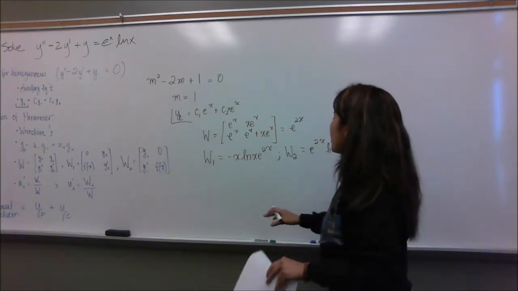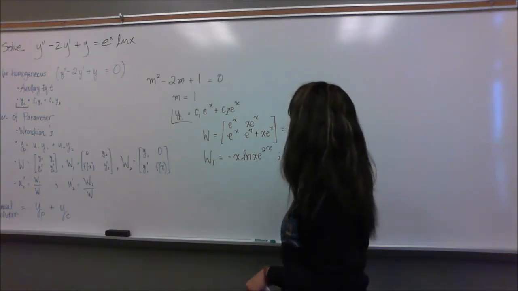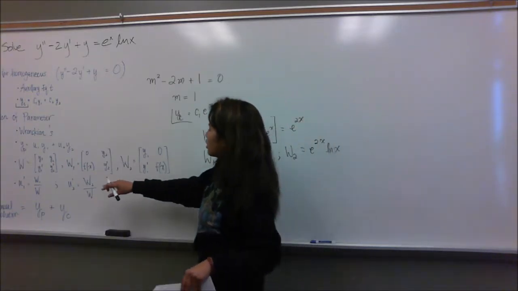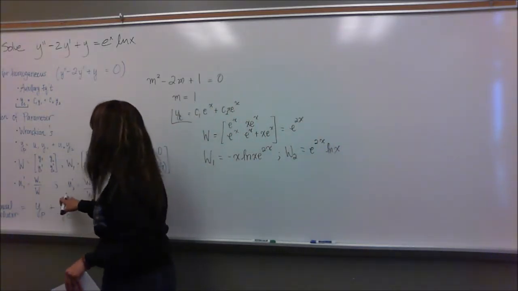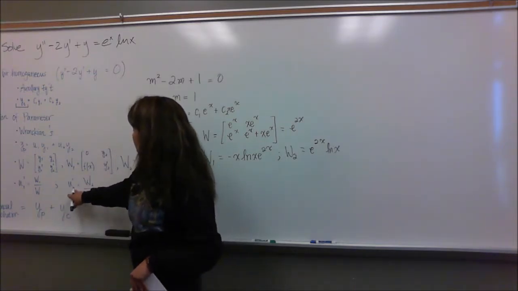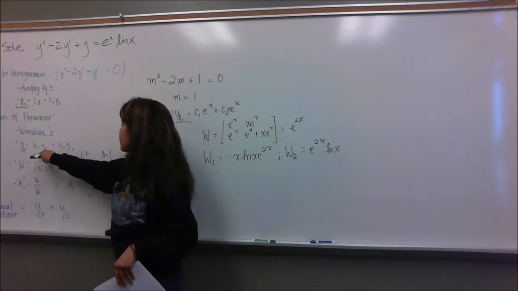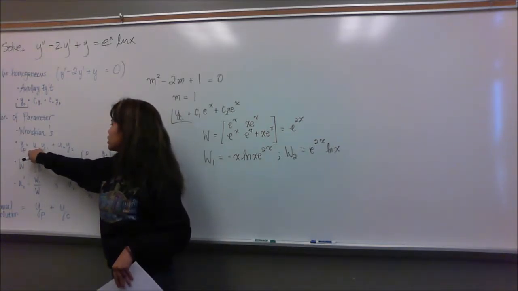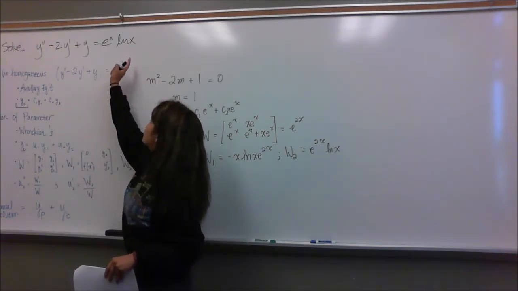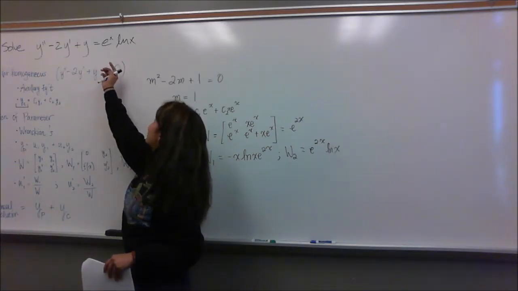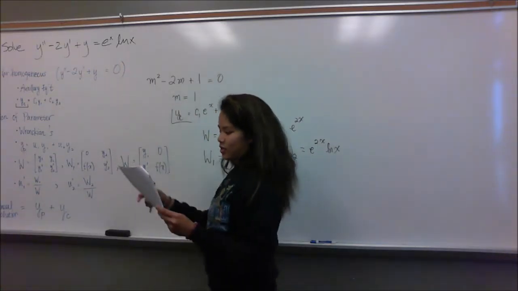Alright, now that we've had all the W1 and W2 that we needed to get our derivatives for the U1 and U2, the reason why I'm doing U1 and U2 is because later on you can plug it back into here and get this particular solution for this differential equation with the non-homogeneous part.